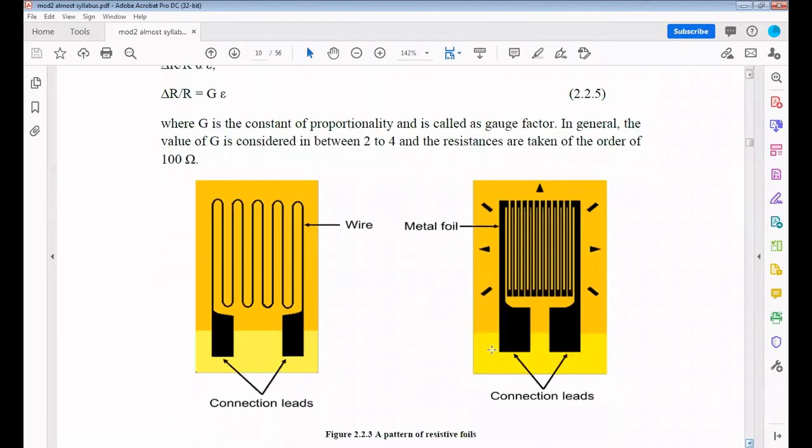So listen, for an example, you can simply remember these two diagrams. Initially we take one particular length of lead wire. These are the leads: this one is one lead and this one is another lead. So this entire wire has a certain length.